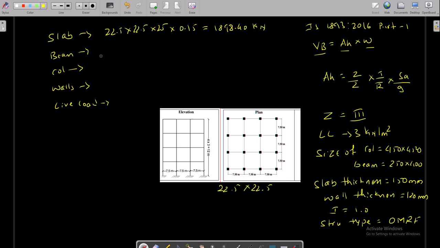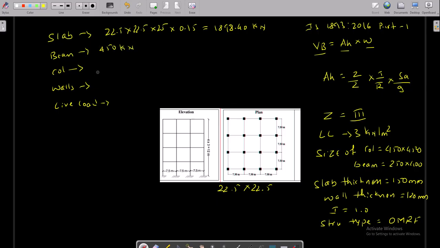So in a similar way, if I calculate it for the beam on either side, considering both directions and the dimensions of 250 by 400 mm for a 25 density, it comes out to be 450 kilonewton. So you can calculate it, right?